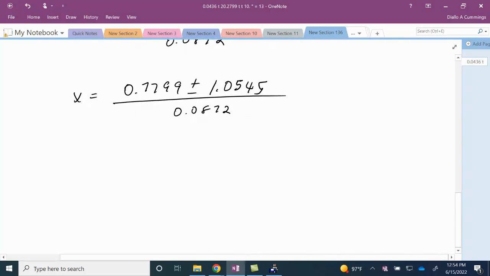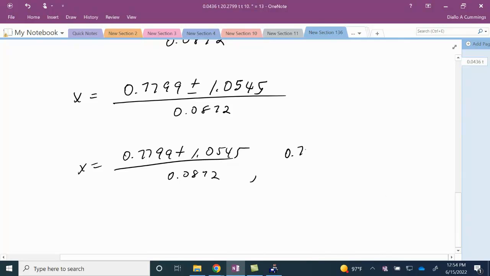Remember that the plus or minus splits our answer up into 2. So we have x is equal to 0.7799 plus 1.0545, and we also have the minus.